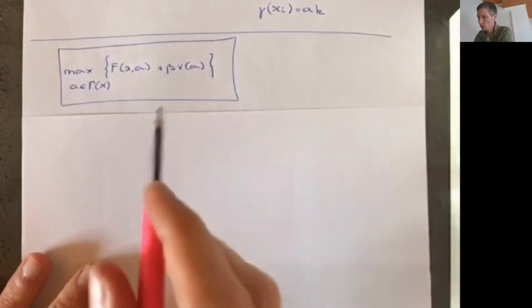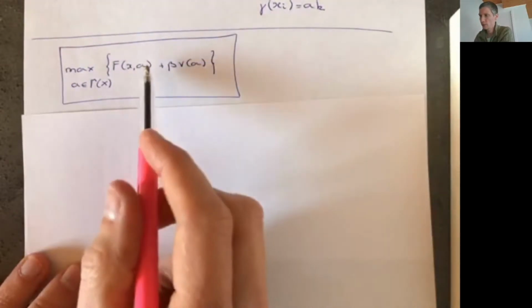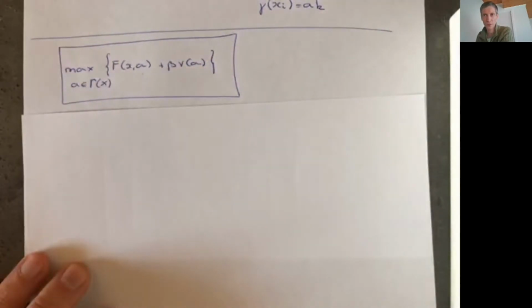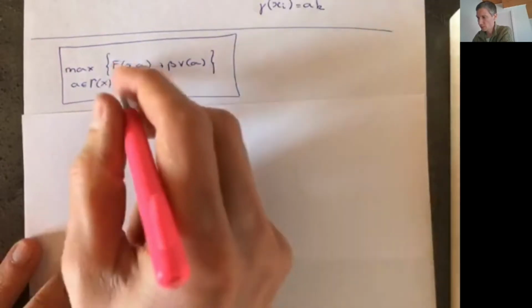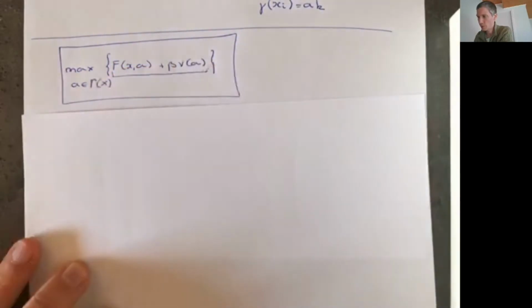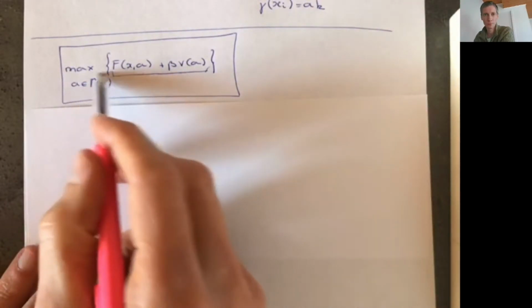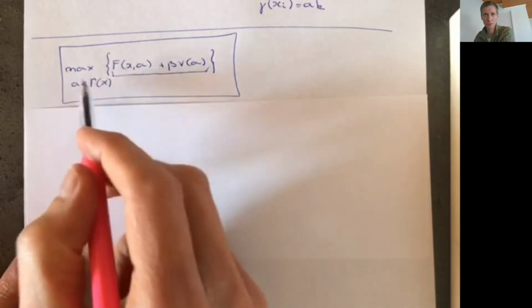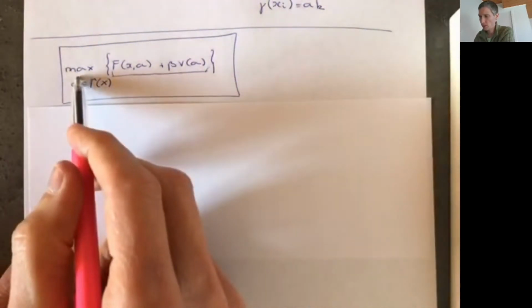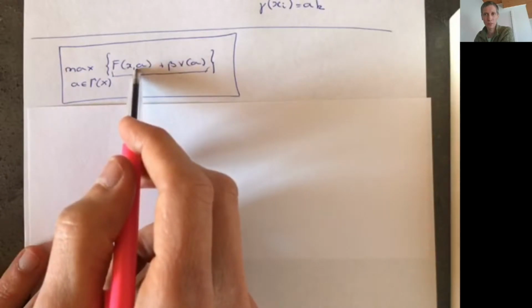For every x and a, possible states and possible actions, first we need to evaluate this value here. Next step, we have to take the maximum over all feasible actions. And then we have to do this for every x.